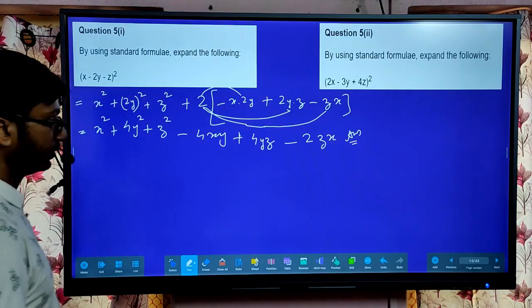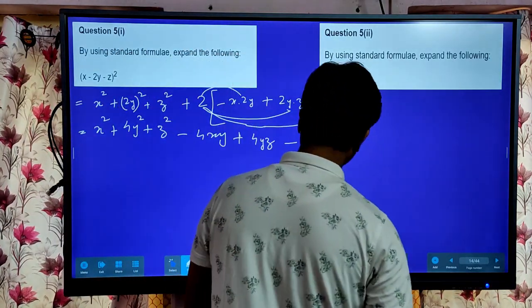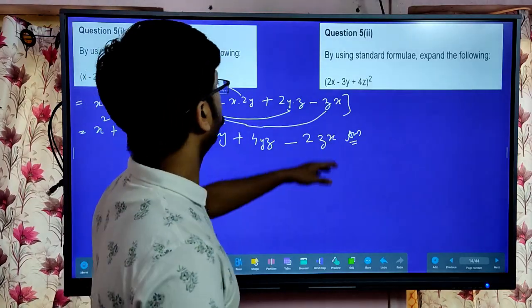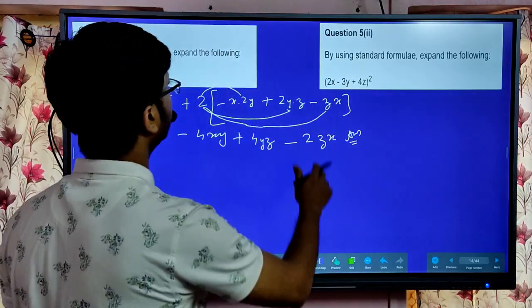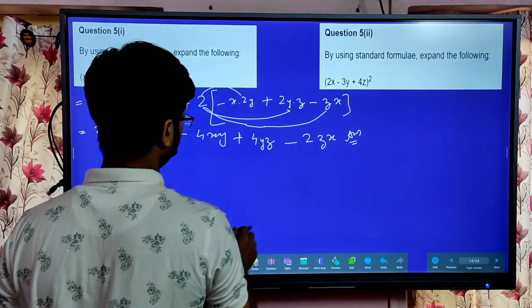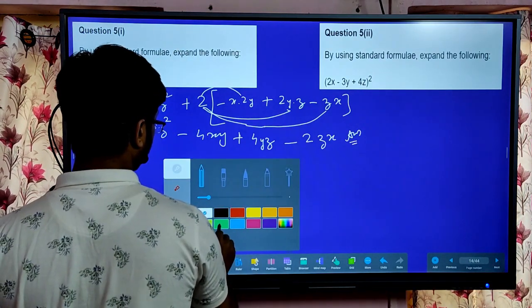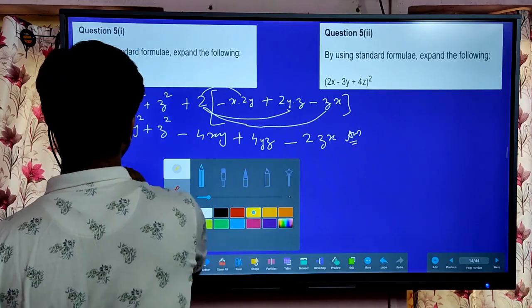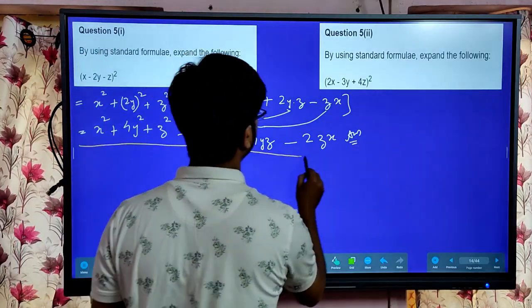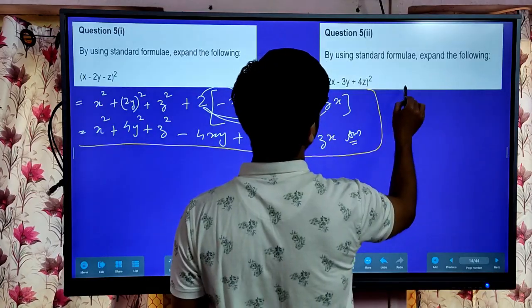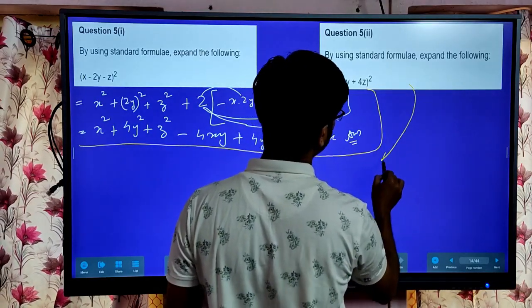Okay, let us erase this, because we will need space for this one, we can write this here also. Just don't have to erase this. Let me draw a line over here with the first question, and the second question is below this.